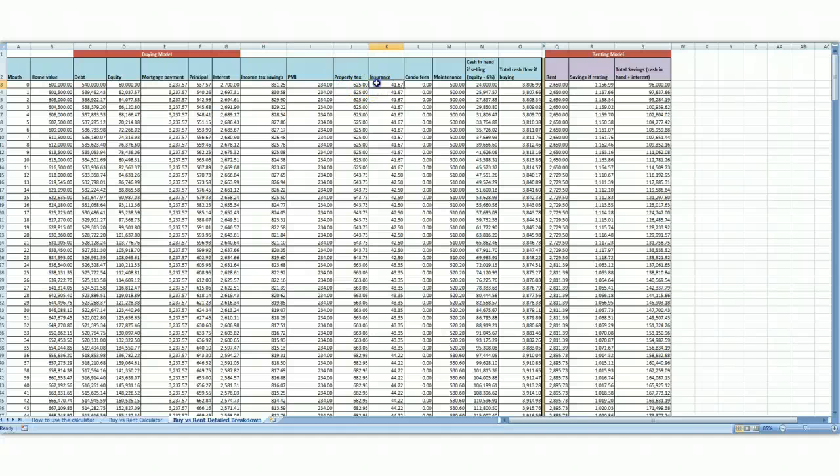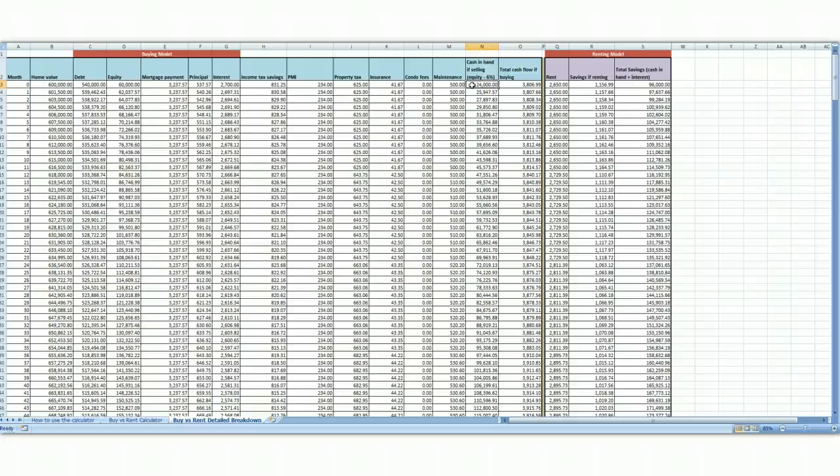And then here it's the standard homeowners insurance, and if you have the condo fee in the calculator, it will be reflected here. We didn't have any condo fees for this example, so it is all 0. And then again the maintenance amount, and this would be the cash in hand if you are selling right that month.